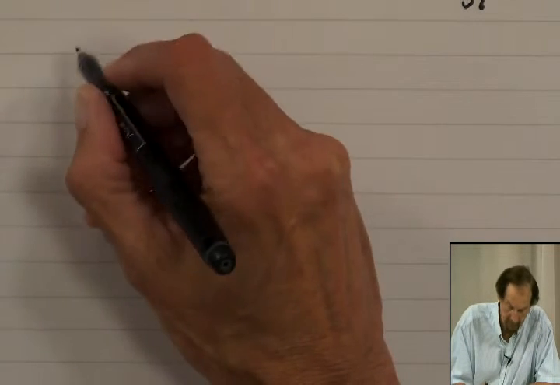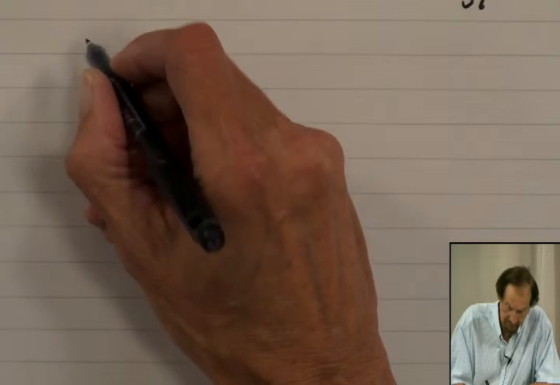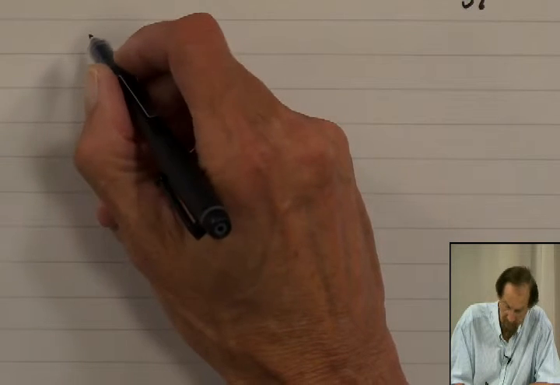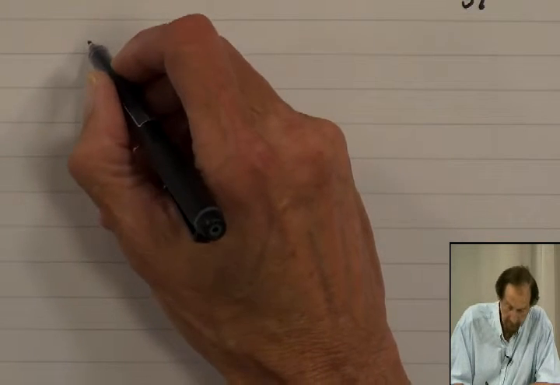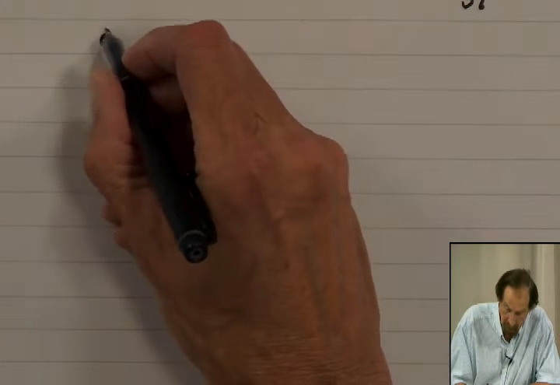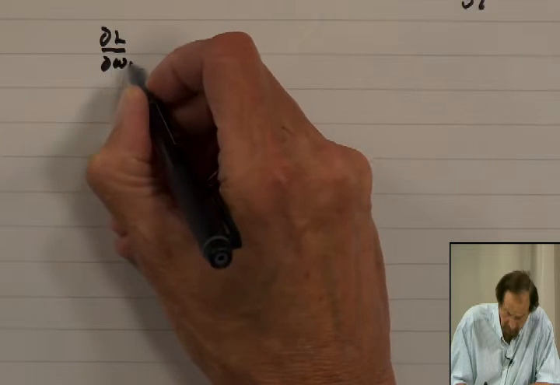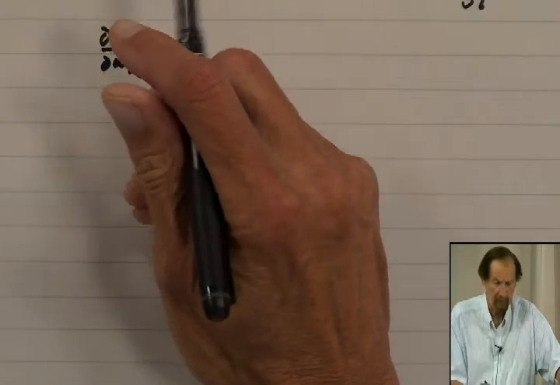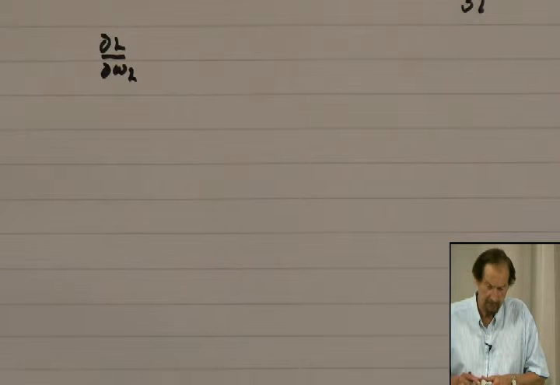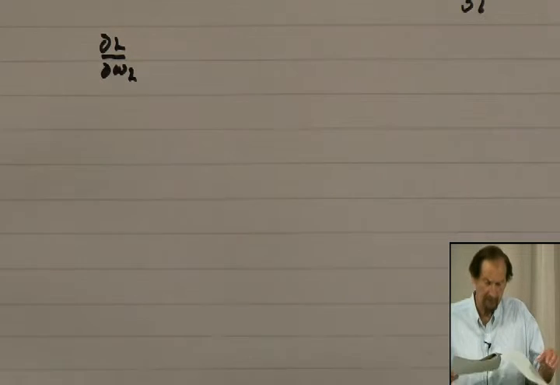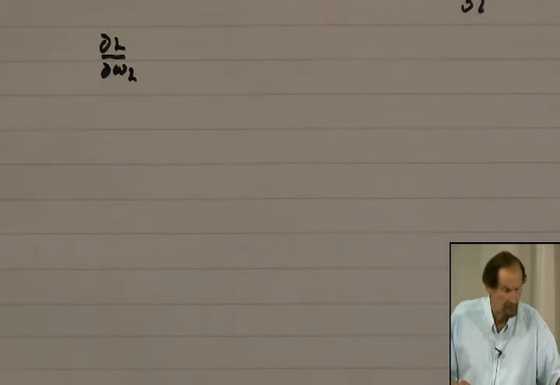And bear with me for this. This is a lot of algebraic gymnastics, but let's just take care of it. So we want the partial of the Lagrangian with respect to W2, the proportion of our budget invested in asset 2.